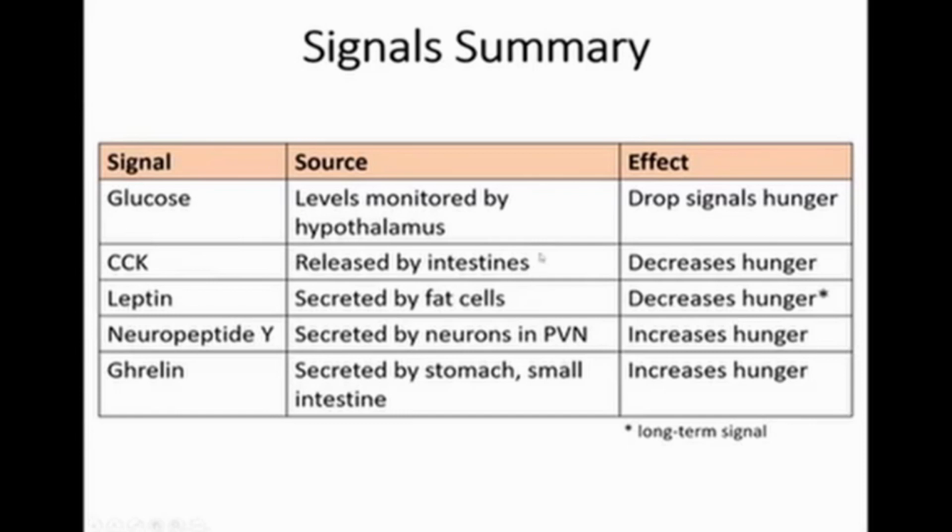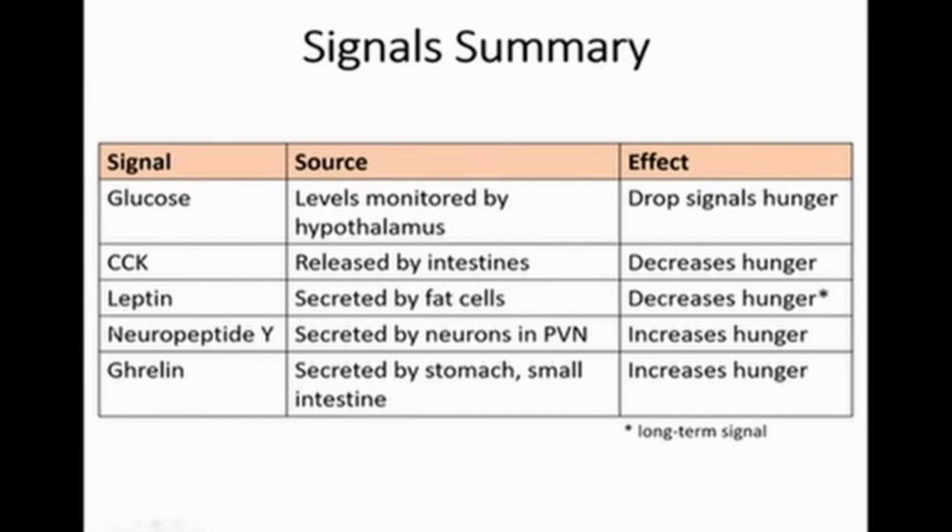CCK is released by our intestines as we eat, and as it's released, it decreases our hunger. It stops us from eating. Leptin is secreted by fat cells, and it is a long-term signal. That's what the asterisk here is, and it's going to decrease our hunger overall, mostly by helping to decrease our appetite.